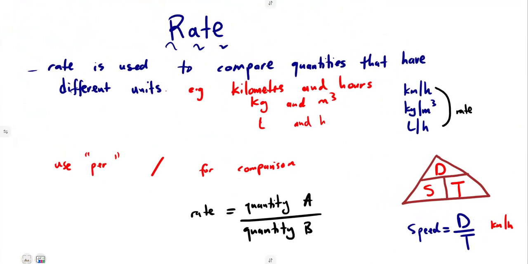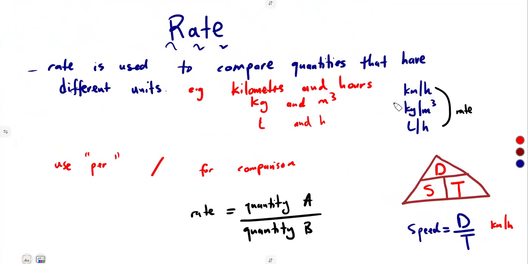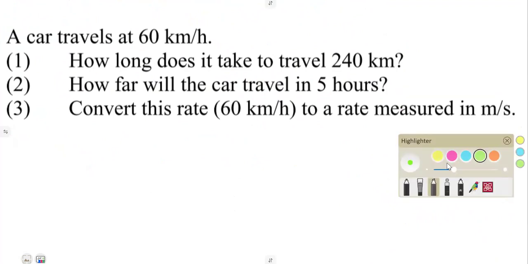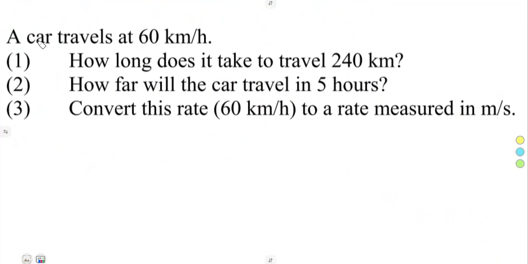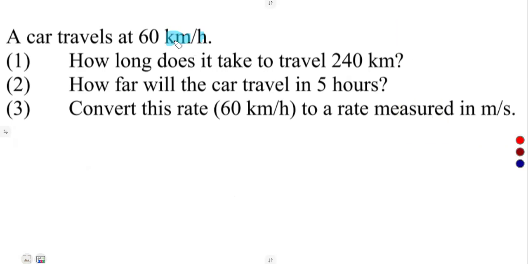So I want us to attempt questions and see how we can use this idea to answer these questions. All right, the first one we are given here, that a car travels at 60 kilometers per hour. That per hour simply tells us that this is a rate.